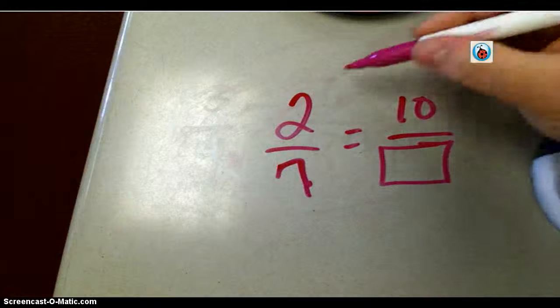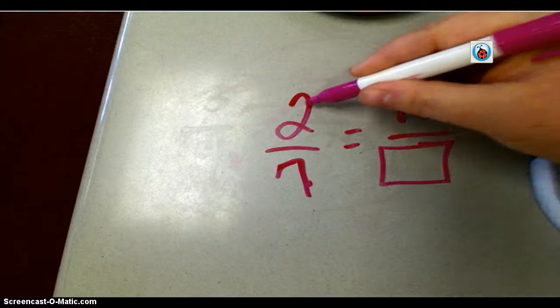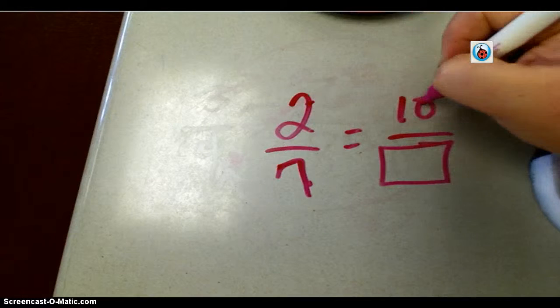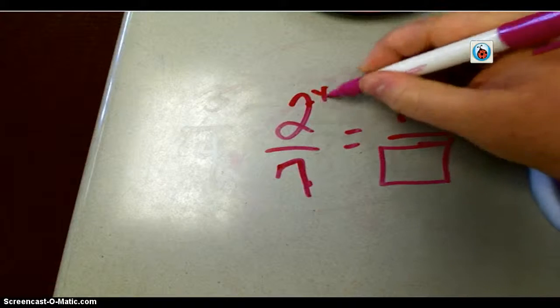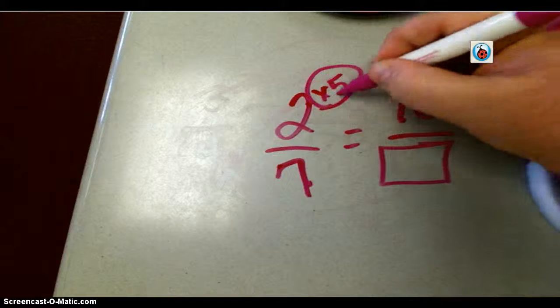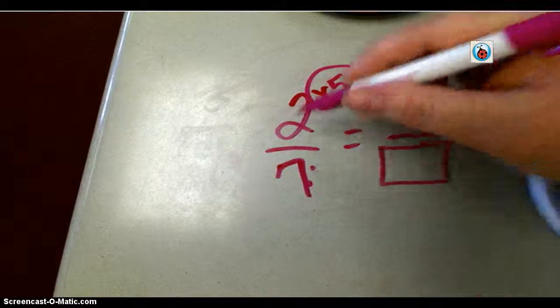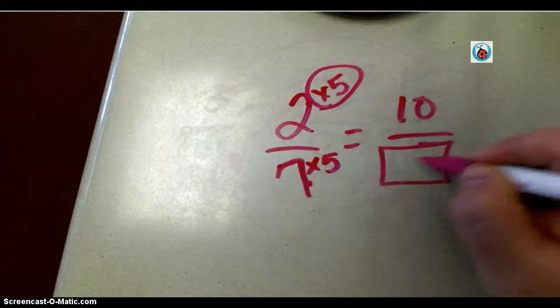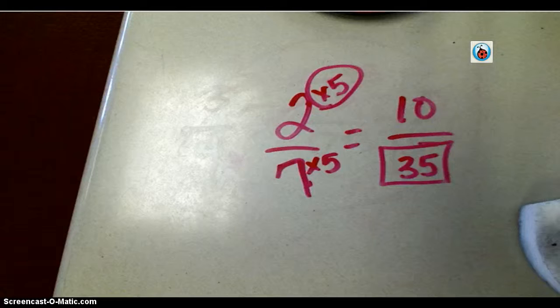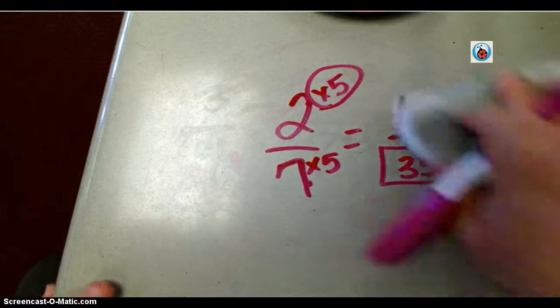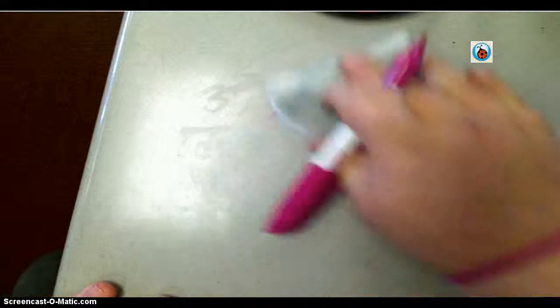I have to ask myself, what did I have to multiply 2 times to get 10? 5. If I multiply the top times 5, what do I have to multiply the bottom by? 5. My answer should be 35. There's a lot of chatter. Okay, let's do another one like that. That one stumped some of you.